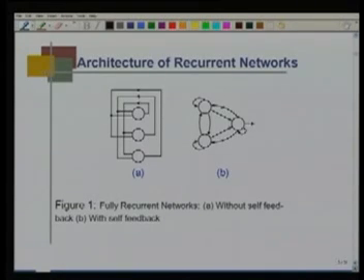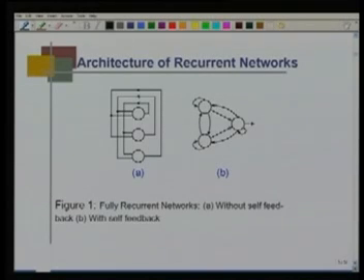Similarly, here also there is almost the same structure. If you look at this, the difference between this and this is that we have a self feedback here. That means I take from here and put it here, but in this case I don't use the self feedback.